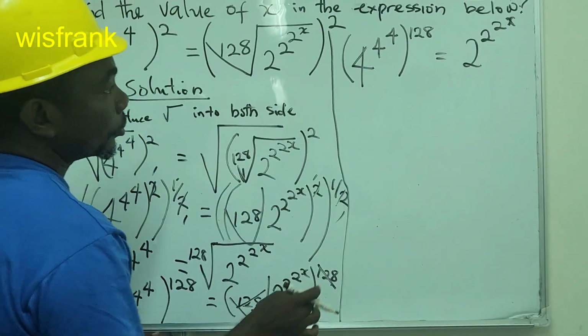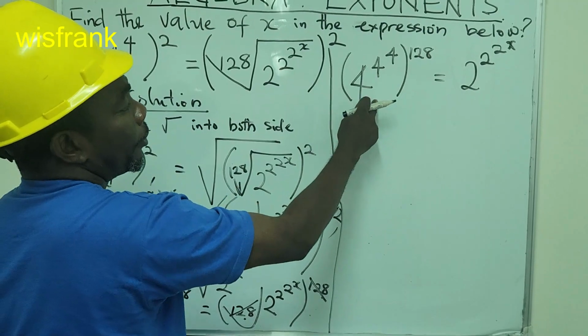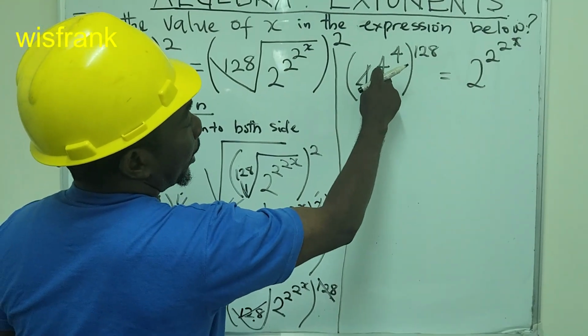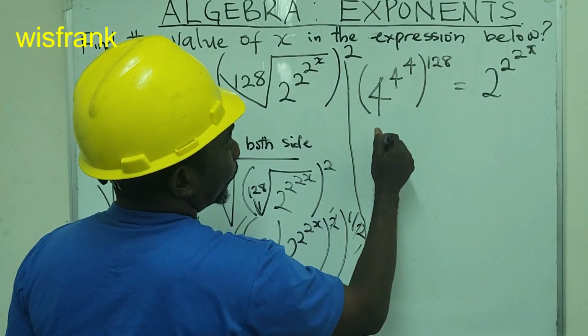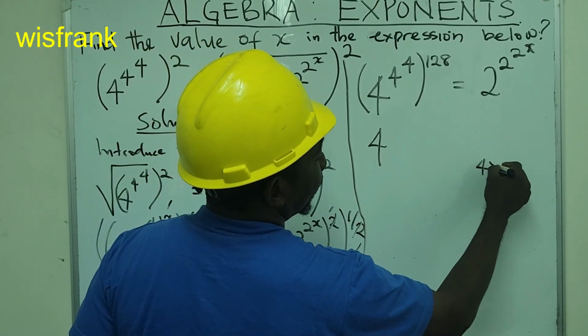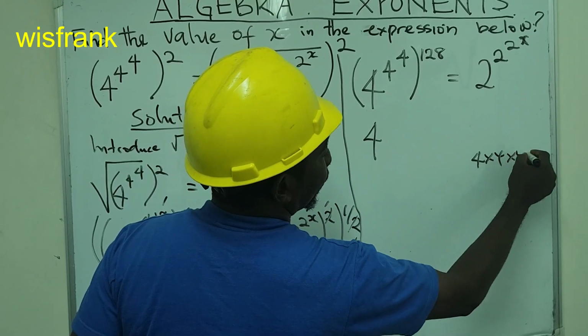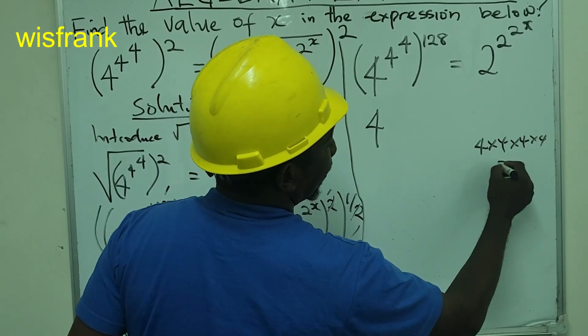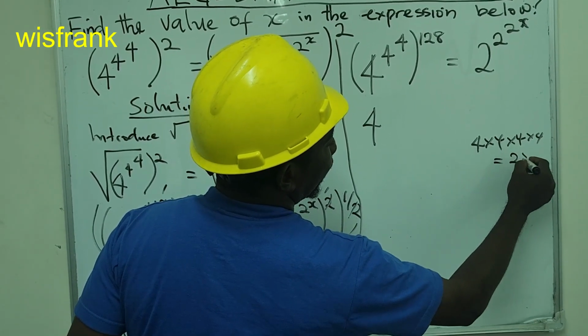Now inside this bracket, if we want to work with it, 4 raised to the power of 4 is the same thing as 4 times 4 times 4 times 4, which is 256.